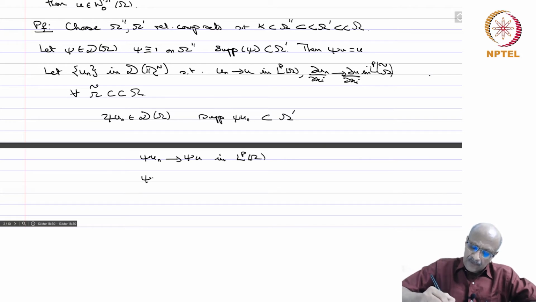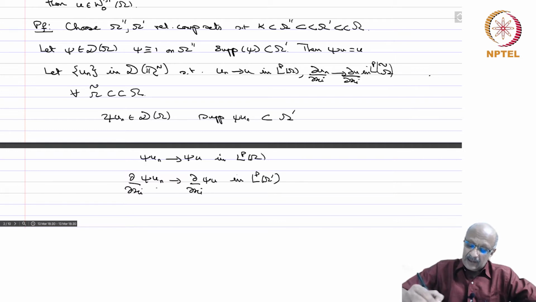And you also have d/dx_i of psi u_n will converge to d/dx_i of psi u in L^p(Omega prime), because du_n/dx_i converges, you are just multiplying by a C infinity function with compact support.